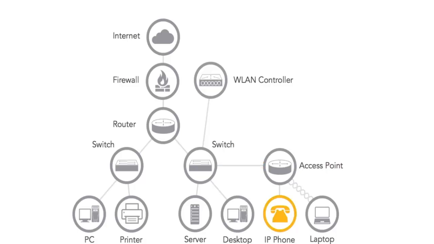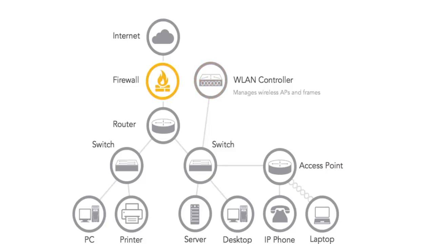We also have our VoIP or IP phones. We have our wireless LAN controllers. Now this is somewhat new for the CCNA, but a wireless LAN controller manages my wireless access points and wireless frames on the network. They control the wireless traffic.